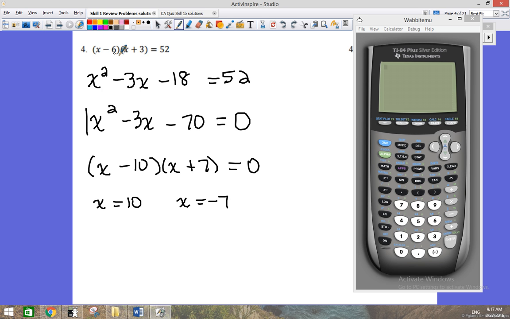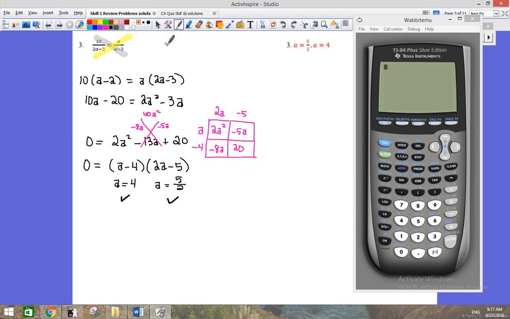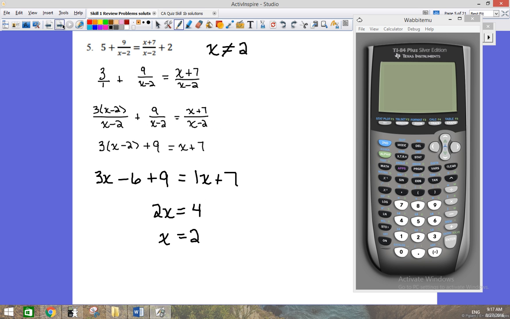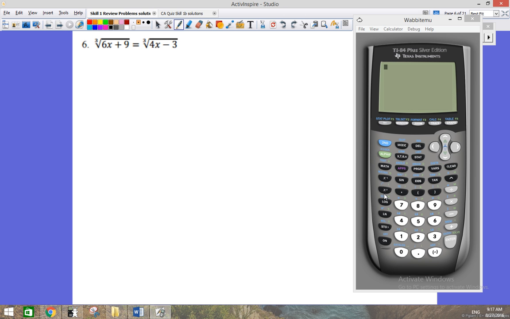We could have written down that a had better not be 2, or that a had better not be 3 halves, because those would have caused division by 0, and you can check against that. So our final answer here is no solution. That was the only candidate, and when it didn't check, we have the empty set, no solution.